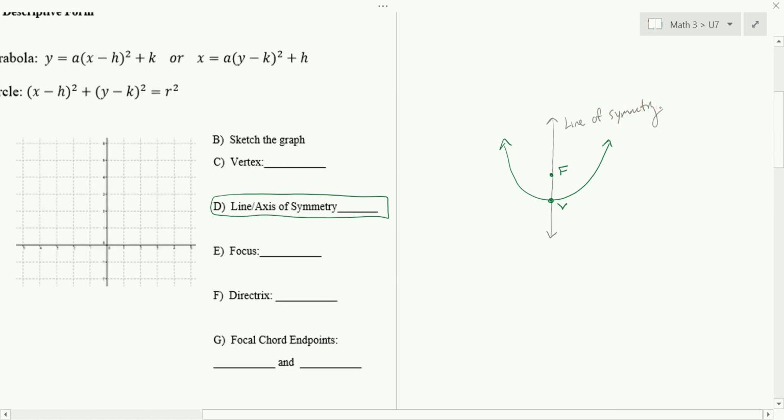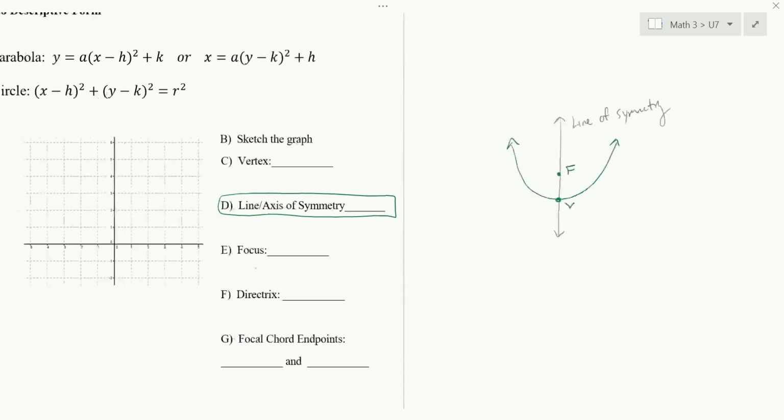Sometimes we call it a line of symmetry, sometimes we call it an axis of symmetry. It's the same thing. Okay? So if we get a good picture, then it won't be hard to say what that is. It'll either be x equals a number or y equals a number, depending on which way this is oriented.